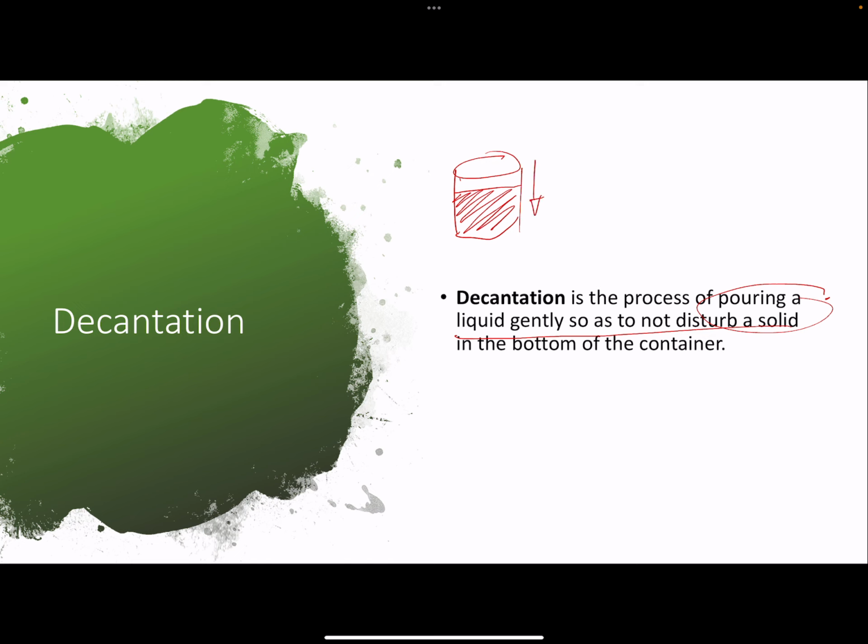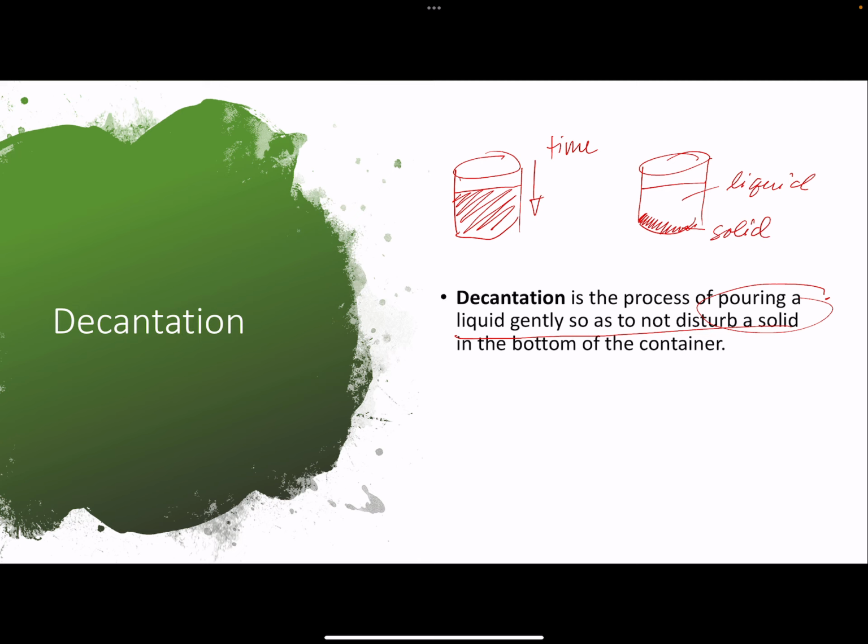You're going to allow it to settle, give it time, and eventually it's going to separate. You have your liquid at the top and your solid at the bottom. So that is decantation.